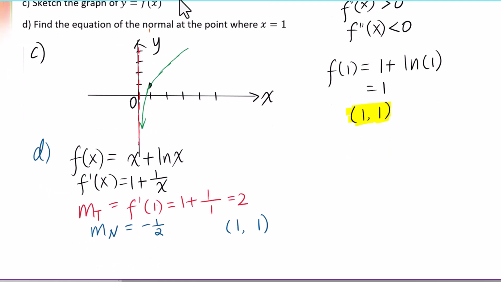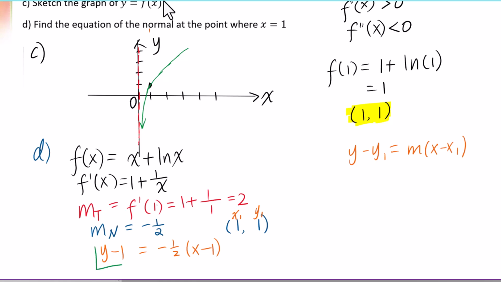We already figured out f of 1 equals 1. So this is x1, y1. Therefore, always use y minus y1 equals slope times x minus x1. y minus 1 equals -1/2 times x minus 1. This is the equation of the normal line at the point where x equals 1.